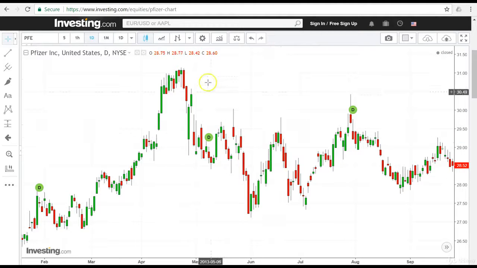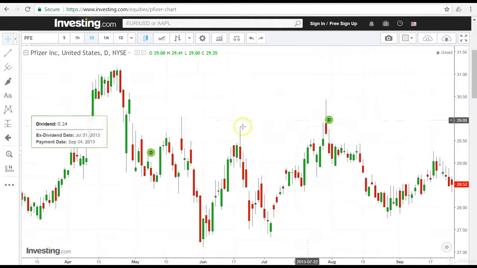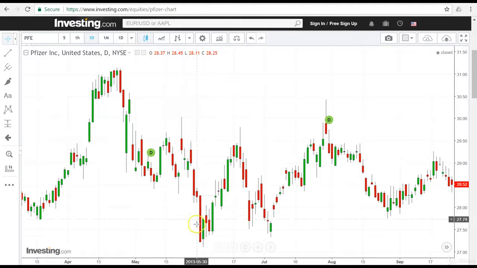Okay, so we see here that sellers came into the market at 1, 2, in these 3 points and prices started to fall. So we can pretty quickly draw a resistance line at this level.